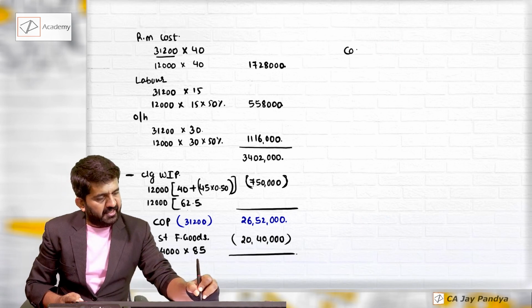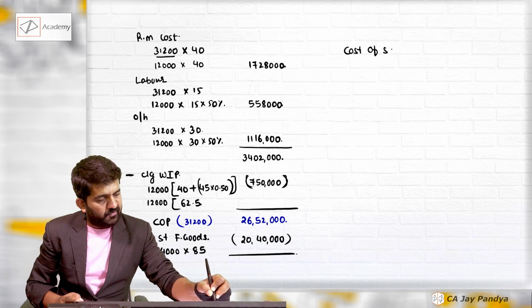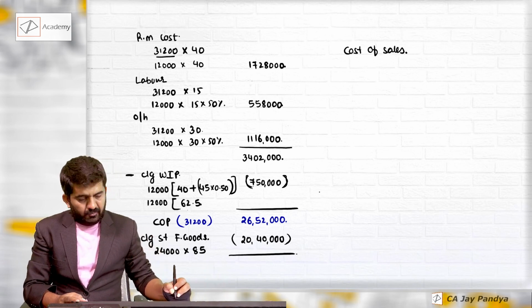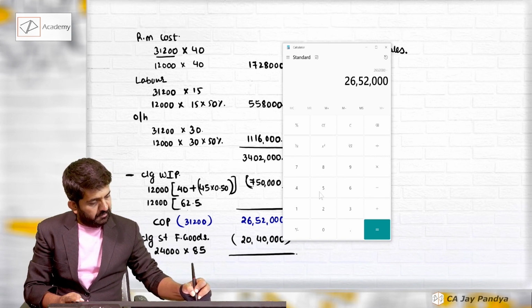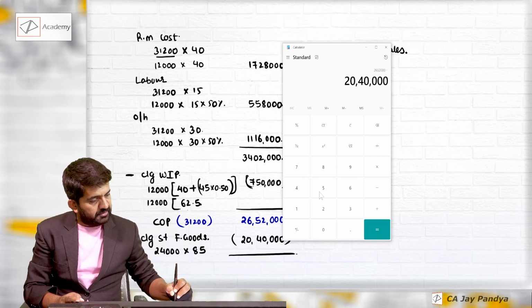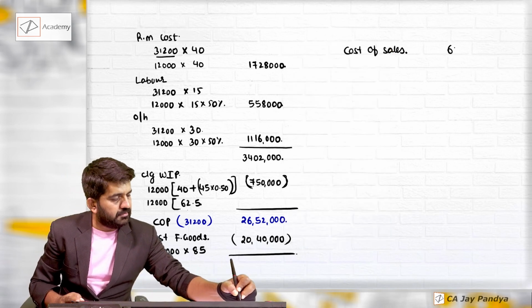I will be getting the answer of cost of sales, which will be 26 lakh 52,000 minus 20 lakh 40,000, 6 lakh 12,000.